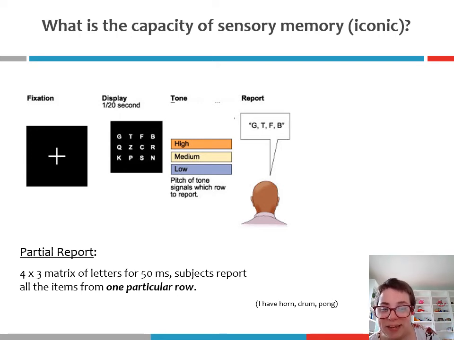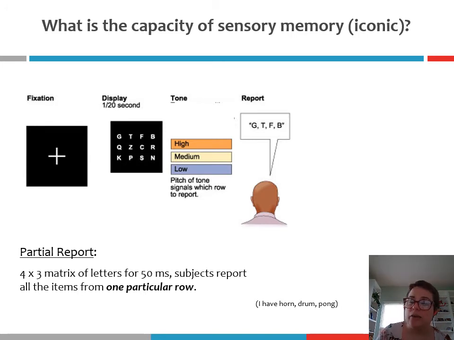So instead of being asked, okay, report on the entire image, tell me all of the letters that you remember from the whole array, right? They were told to report all of the letters in the first row, or all of the letters in the second row, or all of the letters in the third row. And which row they were responsible for reporting was indicated by this tone, right?